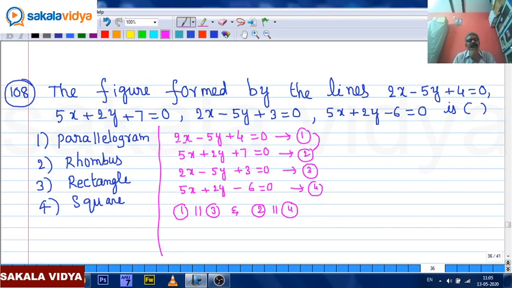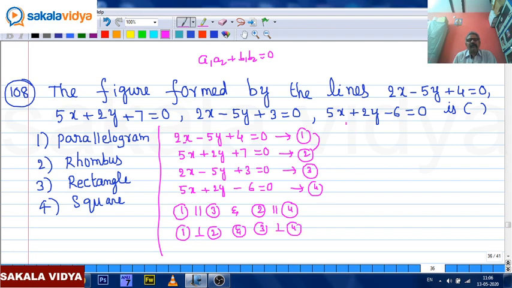Product of the slopes, the a1 a2 plus b1 b2 condition, must be 0. You check: 5 into 2 is 10, 10 minus 10 is 0. So, 1 and 2 are perpendicular. Similarly, 3 and 4 are perpendicular.